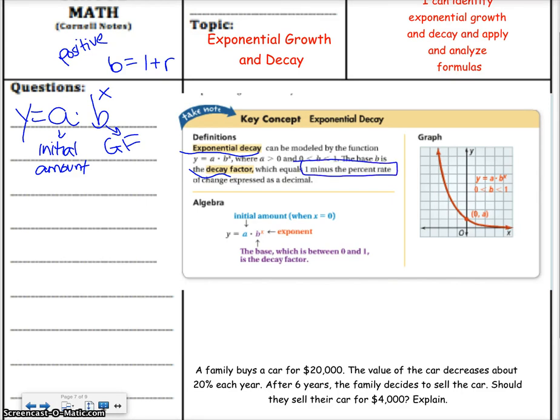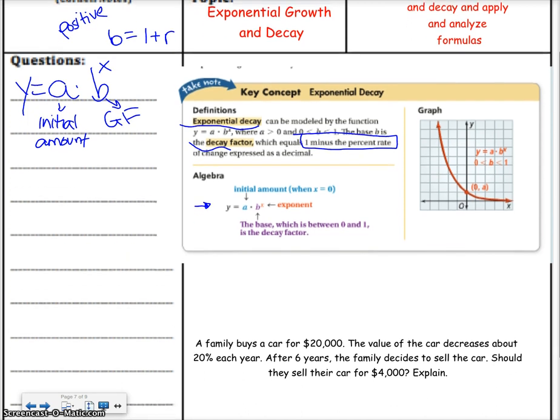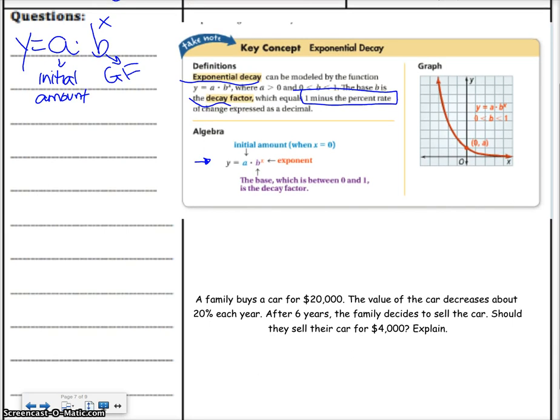So here, there's your little formula in colored form, but probably not on your paper. A is the initial amount, B is still your growth factor, but instead it's really now a decay factor. So you go 1 minus R instead of 1 plus R, and R has to be in decimal form.